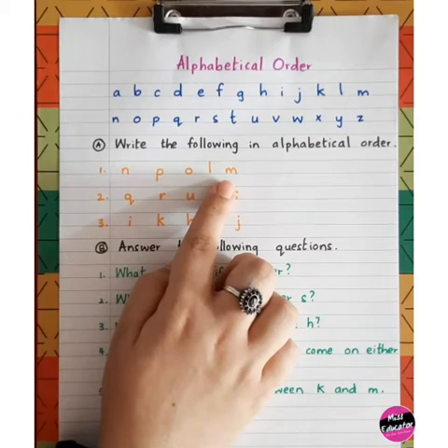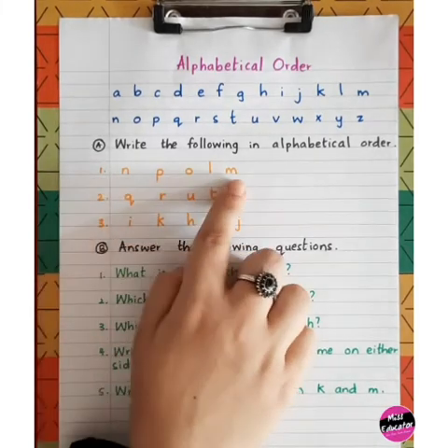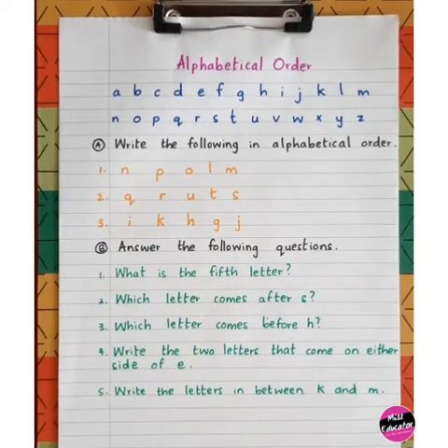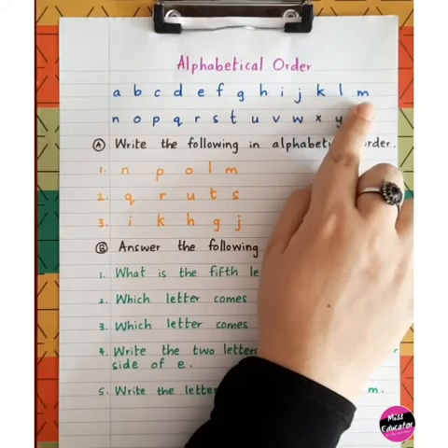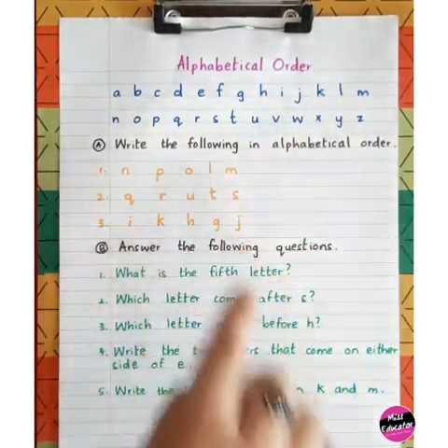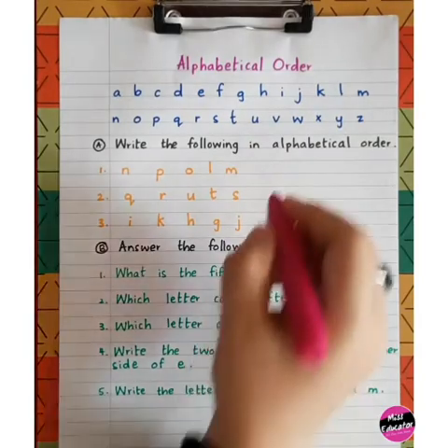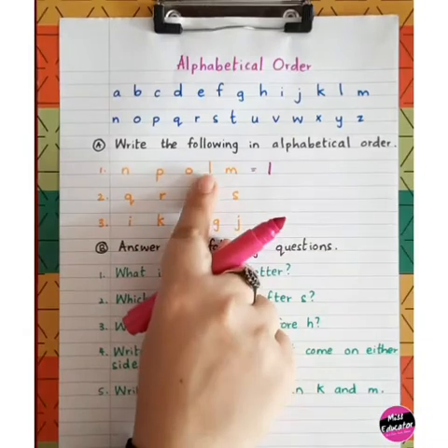How do we write this in alphabetical order? To answer these type of questions, you can use the alphabets given. It looks like we start from here. So the first letter is L. So we will write here L. What comes after L?